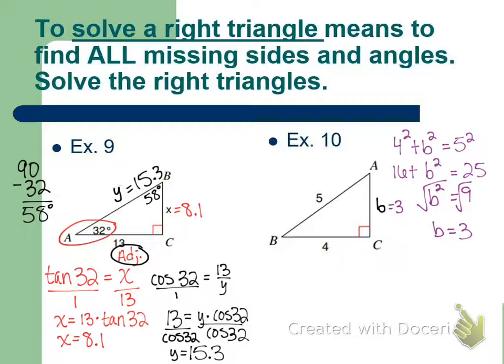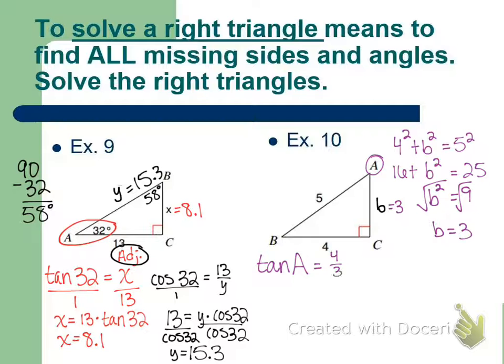All right, then we have to find angles A and B. Which one would you like to find first? Okay. If we are searching for the measure of angle A, we know all of the sides. None of them had to be rounded. So you get to choose what trig function you prefer. Sure, let's do tangent this time. So the tangent of angle A would be equal to what?